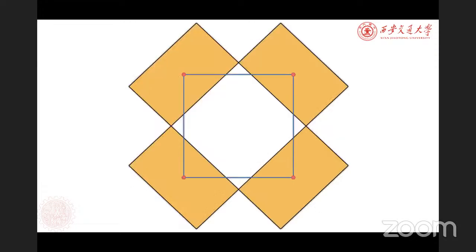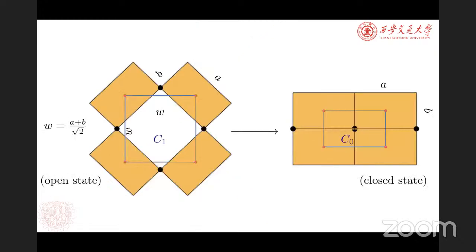When the structure is opened extremely, we can do the same thing by connecting the barycenters. The quad connected by the barycenters is a square with edge length W. It's not difficult to find the relation between A, B, and W. So here are the relations.